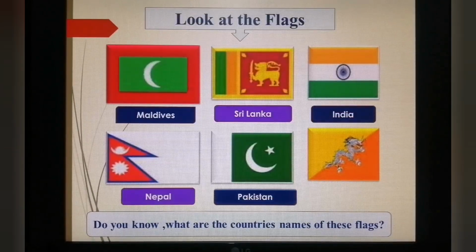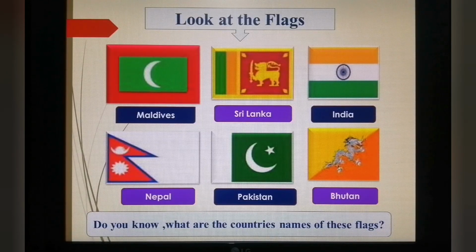These are Maldives, Sri Lanka, India, Nepal, Pakistan and Bhutan. You know that these are our neighboring countries. These countries are also included in SAARC, South Asian Association for Regional Cooperation.